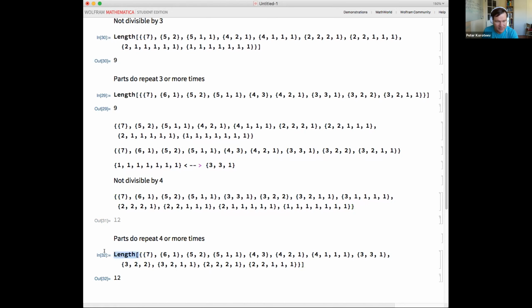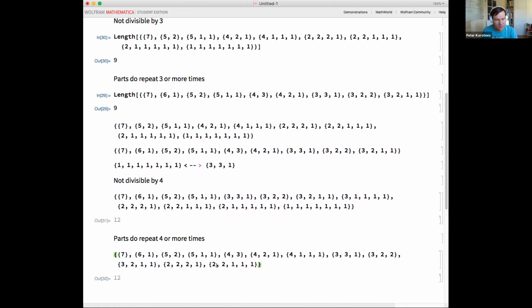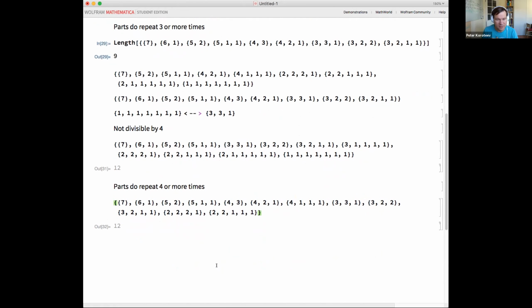Okay, now let's do the mapping. Let's do the exercise again. Can you annotate? Now we're matching those parts which are not divisible by 4 versus partitions whose parts do not repeat 4 or more times.